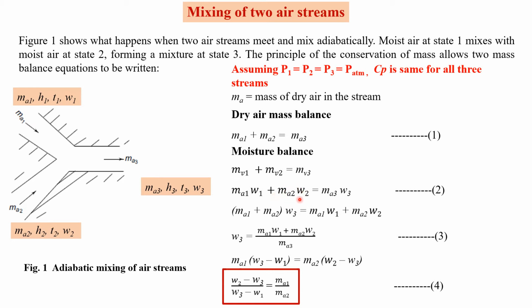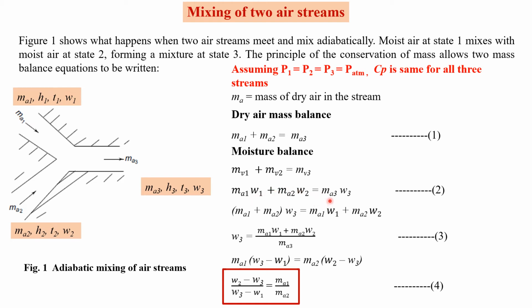So Ma2 into omega 2 is nothing but Mv2. For Mv3, we can simply write Ma3 into omega 3. So this is nothing but the moisture balance, and equation number 1 is the dry air mass balance. So this is my equation number 2 for the moisture balance.